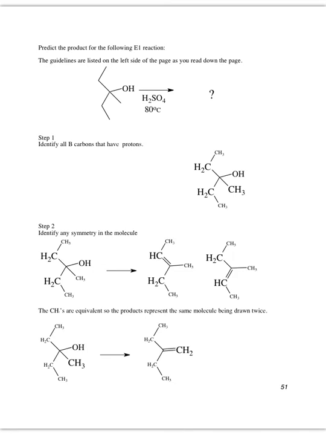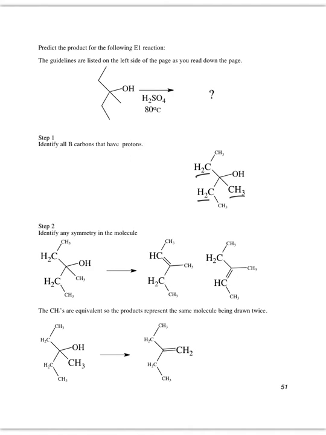So here at the top of this page, we have a reaction: predict the products for the following E1 mechanism. And from what we said already, we need to first think about where we have beta carbons that have hydrogens. So these are the large ones. We have the two CH2s and then the CH3.